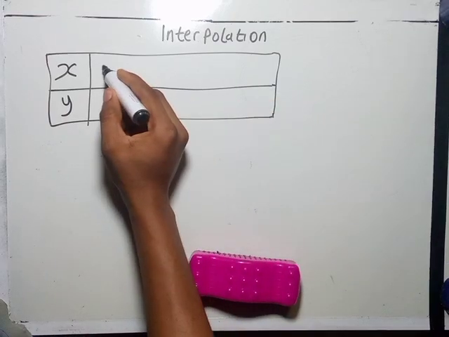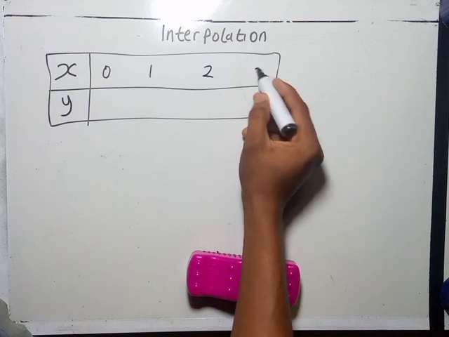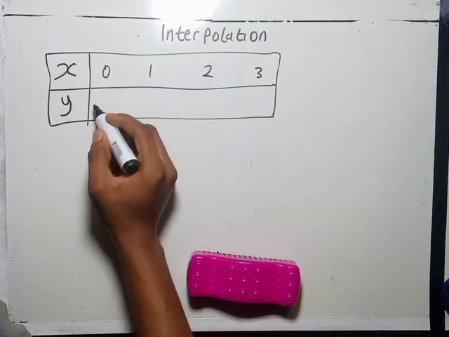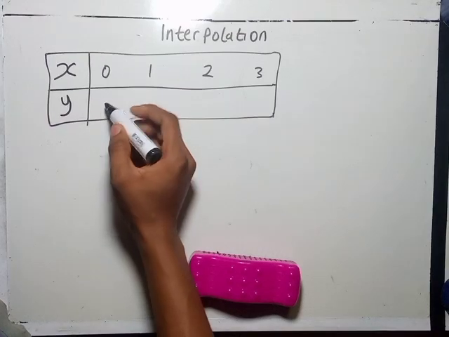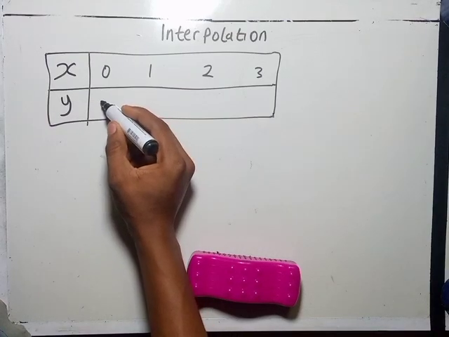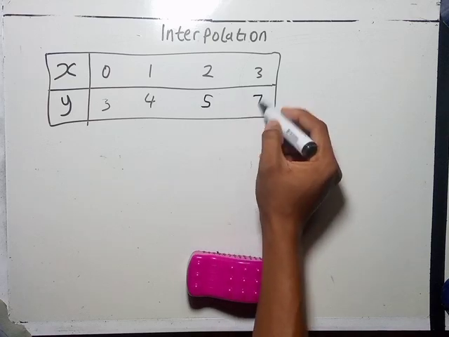Here can be, let's say, 0, 1, 2, and 3. And you can have values for your y to be 3, 4, 5, and 6.